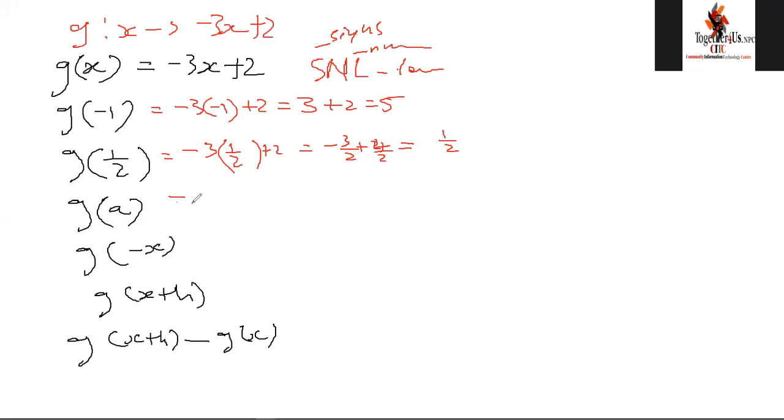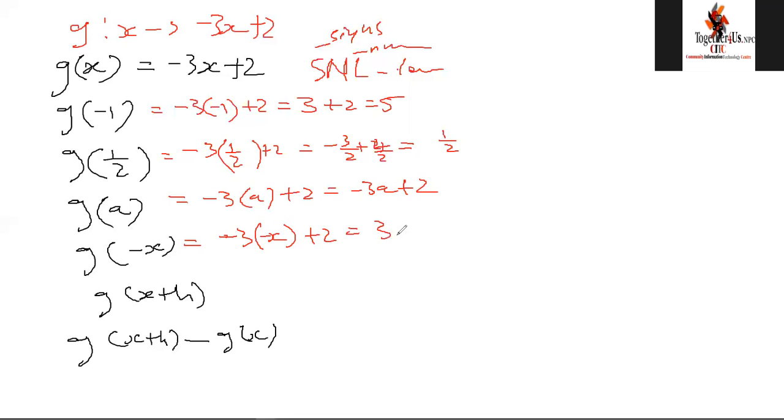And finally, g of a, I have -3, I put an a there, plus 2. This is simply -3a plus 2. g of minus x is -3, I substitute minus x, plus 2.